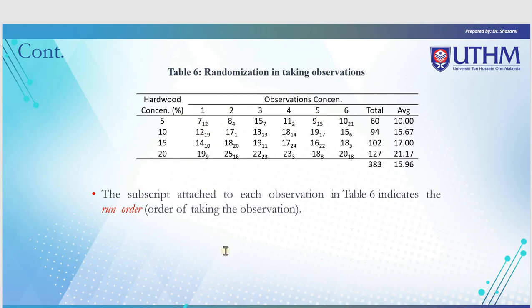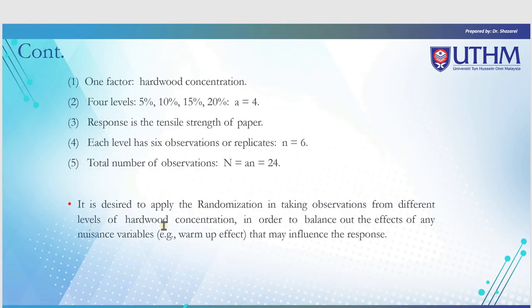So why are we doing that? There is a reason: it is desirable to apply randomization in observations from different levels. It is to balance out the effect of any nuisance variable. For example, when we perform the experiment, we involve a machine, and the machine has a warm up effect.